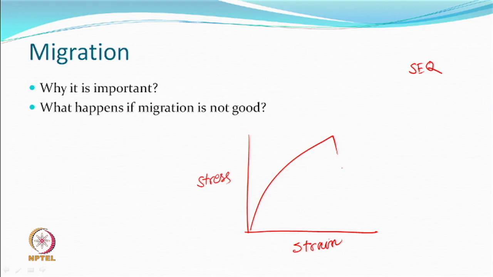This is called a catastrophic break. So, you keep stressing and then catastrophic failure, that is one. When they did test the one on the simultaneous textured yarn, they got a curve like this.